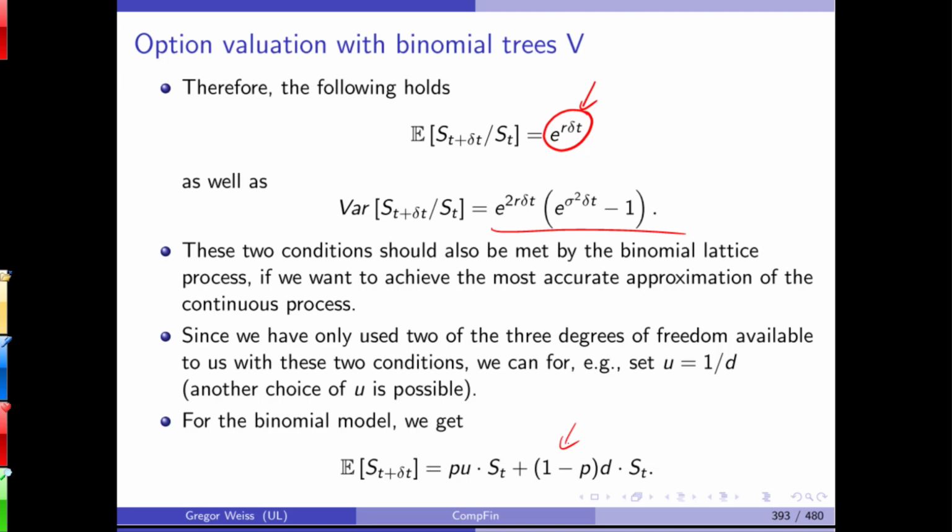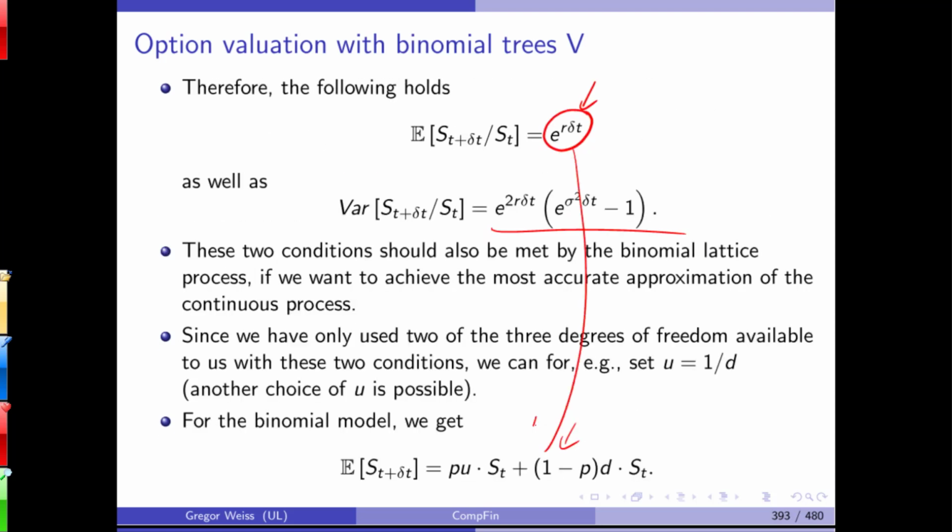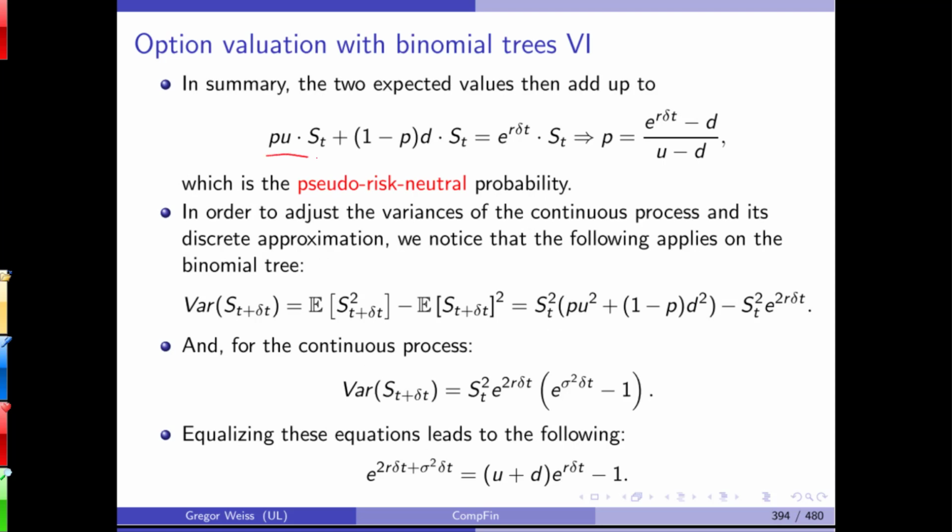And we want to set the parameters such that at least the expected value is the same for both the continuous process and the discrete approximation. So we set the two things equal. This is done here. These two should match. And this again gives us the pseudo risk-neutral probability. I've shown you last week how you can come up with the pseudo risk-neutral probability.